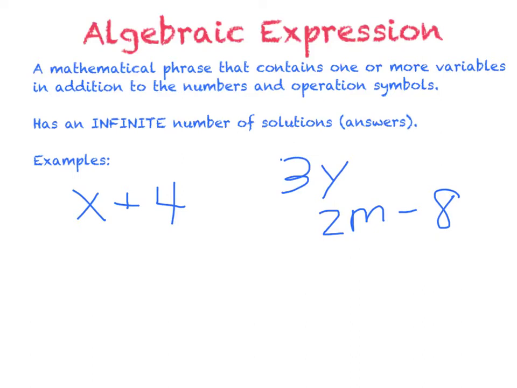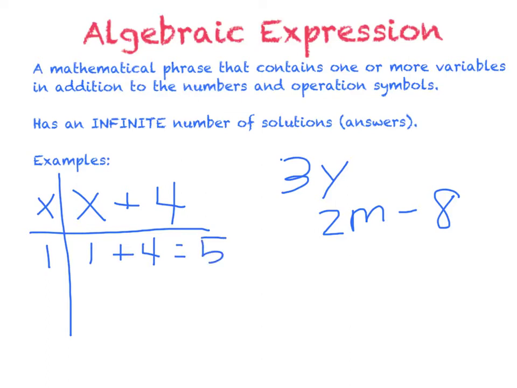So for example, if I look at my x plus 4 example, if I set up a chart and set my value of x as 1, I would have 1 plus 4 equals 5. If I decided that x should be 8, I would have 8 plus 4 equals 12.